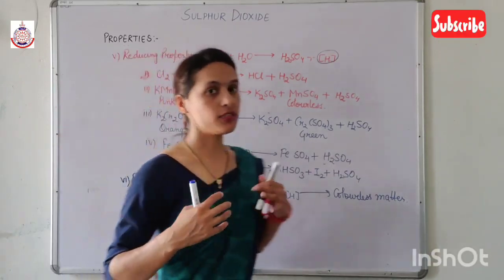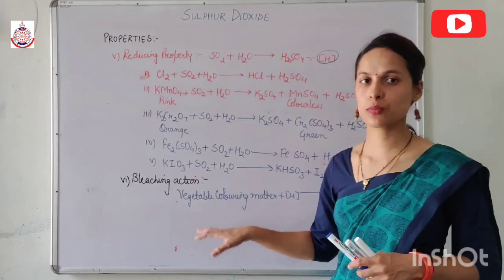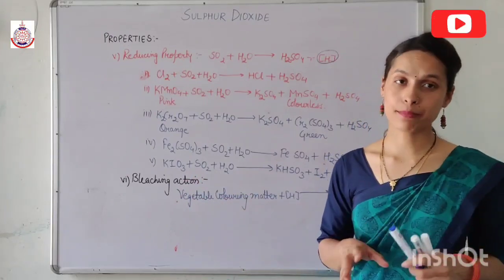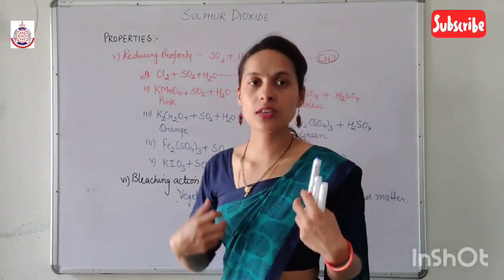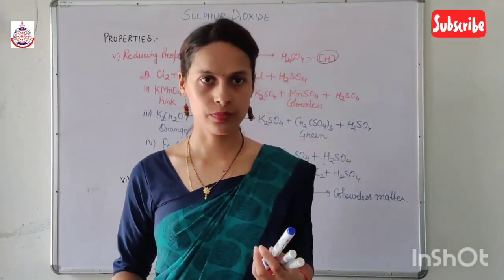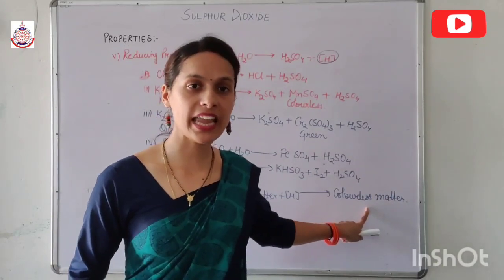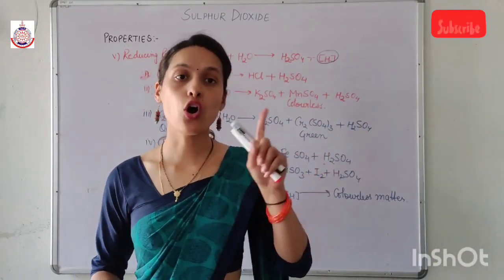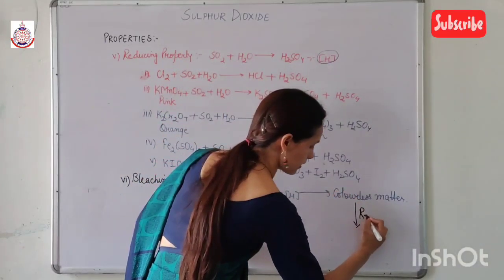But there is an important fact about the bleaching property of SO2: it is temporary. This is not permanent. As soon as we expose the matter to air, the matter regains its color due to oxidation.